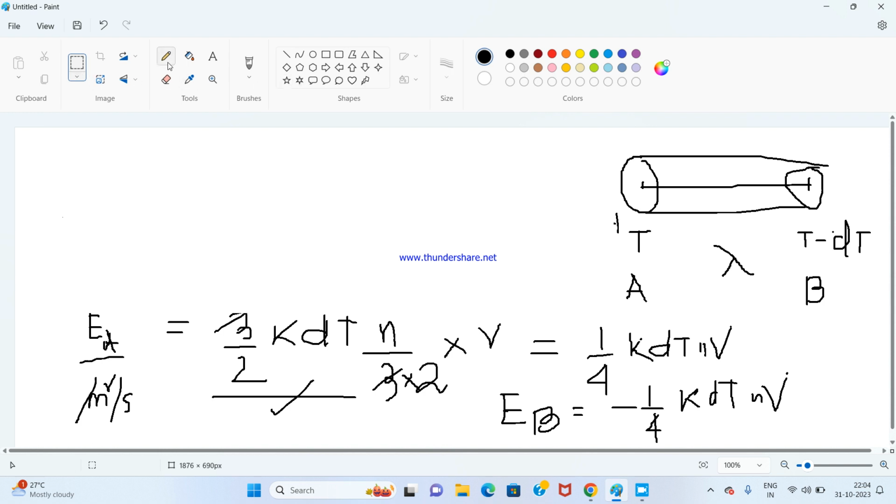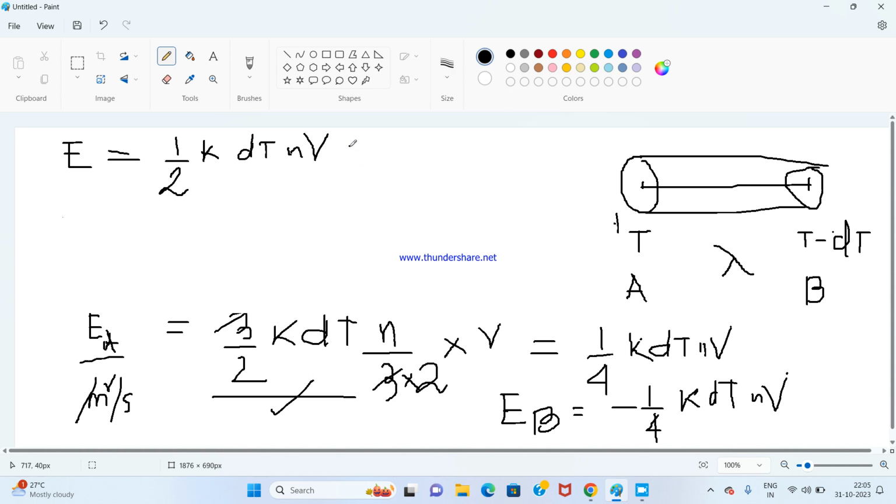So if you do EA minus EB, this minus will become plus, so 1 by 4 plus 1 by 4 will be half, small k dt n into V. Okay, so this is the total resultant energy. Got it?